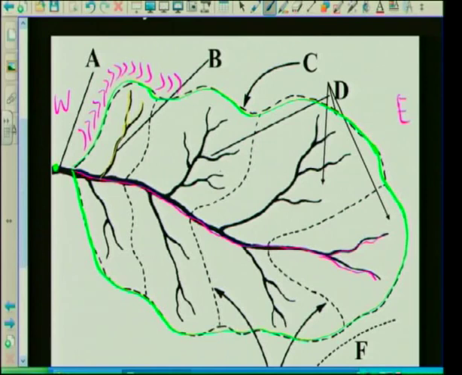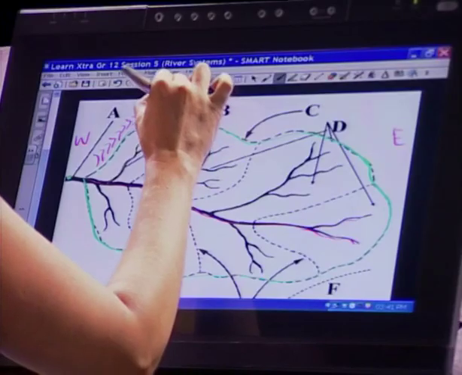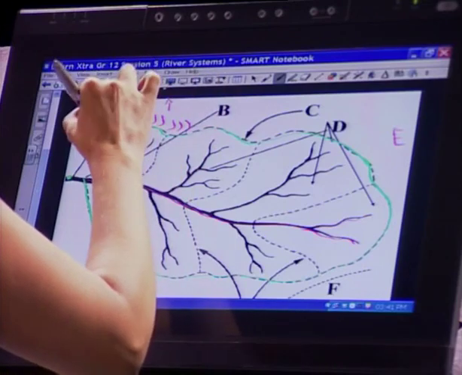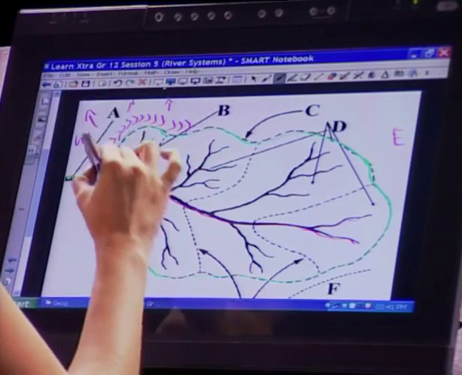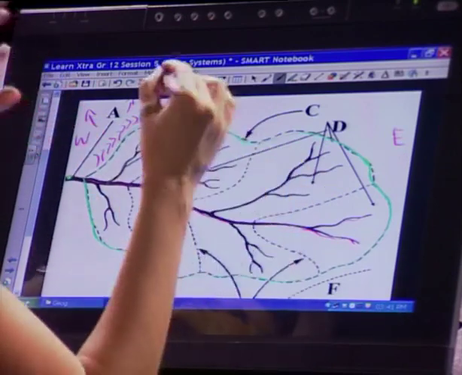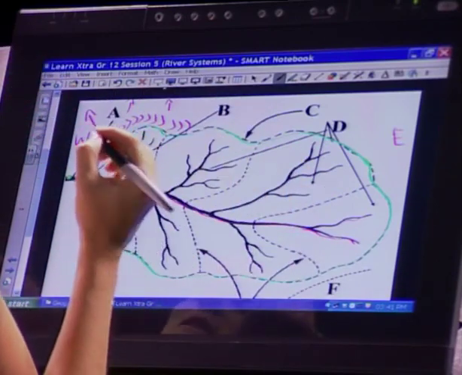A watershed is a high-lying area that separates one drainage basin from another drainage basin. So on either side, in other words, going this way, we would probably find another drainage basin that looks similar to what is on your screen at the moment.